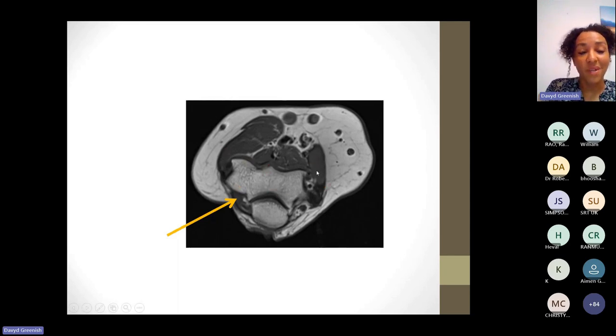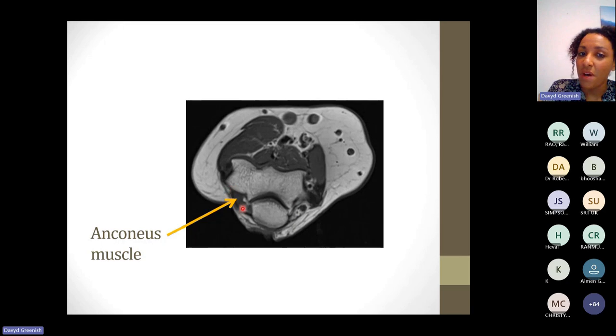Oh, we've got some correct answers coming into the chat, so that's great. And this is the ulna. We can know that this is lateral, this is medial because the ulna is here, and we've got the ulnar nerve here. And yes, this is the anconeus muscle. It just sits on the radial side of the ulna at that location.